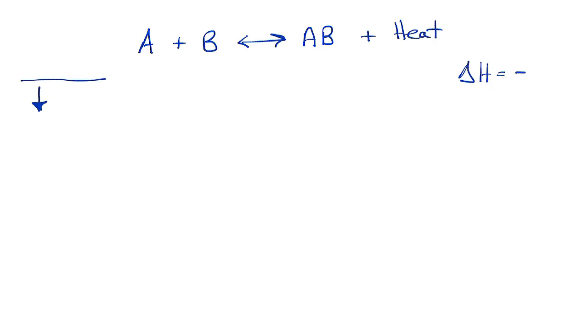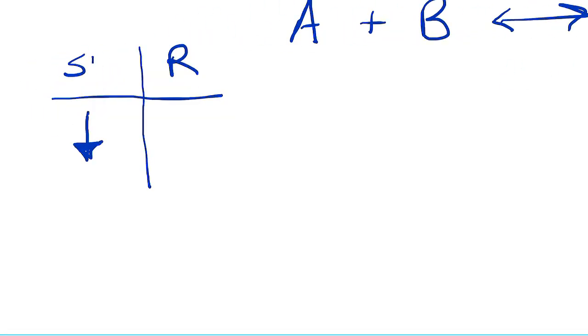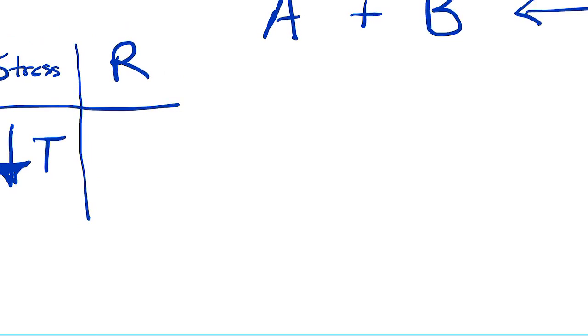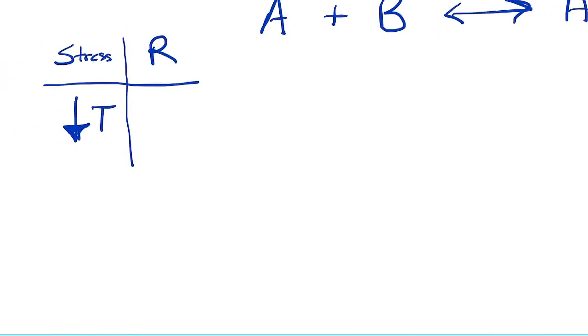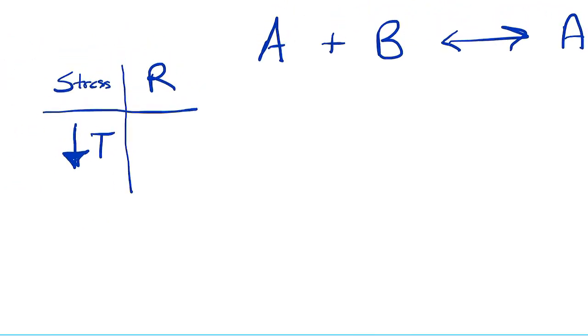I always say to my students that this is the stress that we provided, and of course the reaction responds accordingly to regain its balance. So in this case, temperature drops, and the response, as you teach your students, is that the temperature increases.